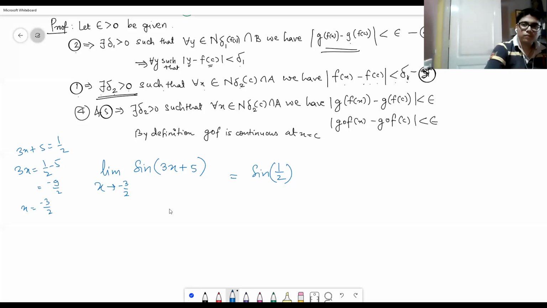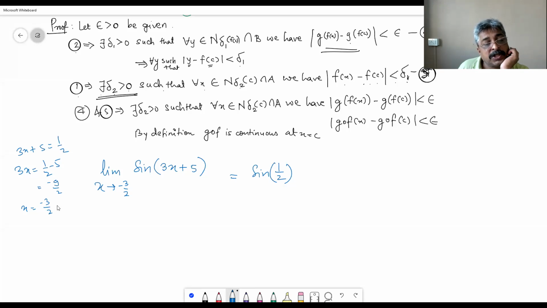Write down. So if I am asking you this question, limit of sine of 3x plus 5 as x tends to minus 3 by 2, the answer is sine of half. And who gave you the permission to do this? You have proved limit of sine x as x tends to c is equal to sine c.